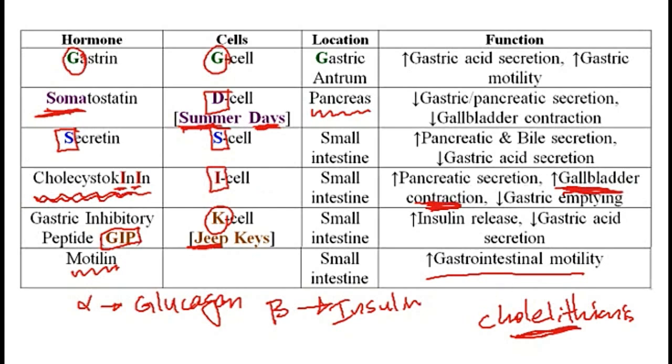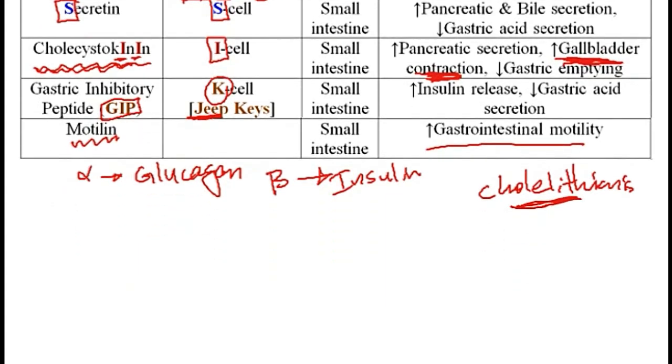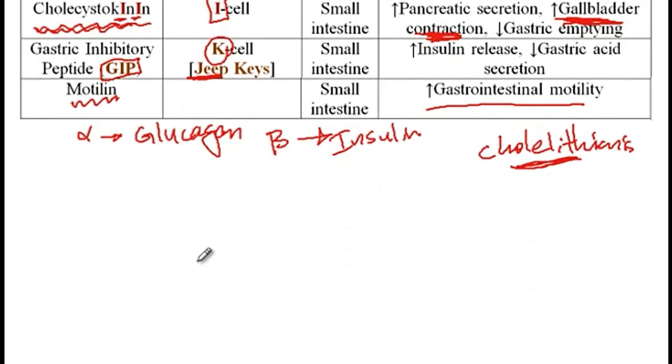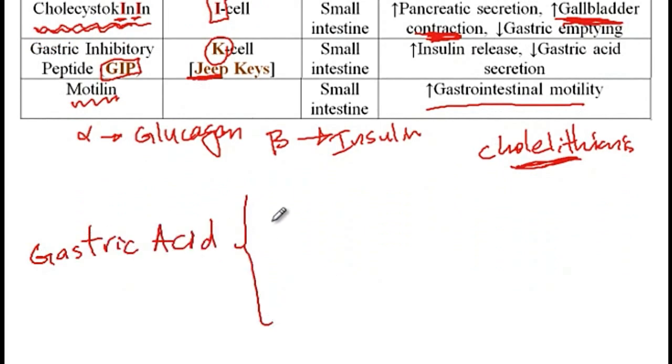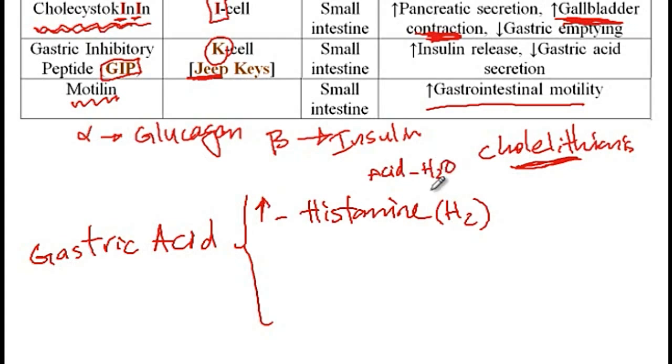I would also like you to know the factors that increase or decrease the gastric acid secretion. So gastric acid secretion can be increased by factors like, for instance, histamine, and it's via the H2 receptor. So the way I remember it is that acid reminds me of H2O. So the H2 receptor of the histamine is the one that induces the acid secretion.